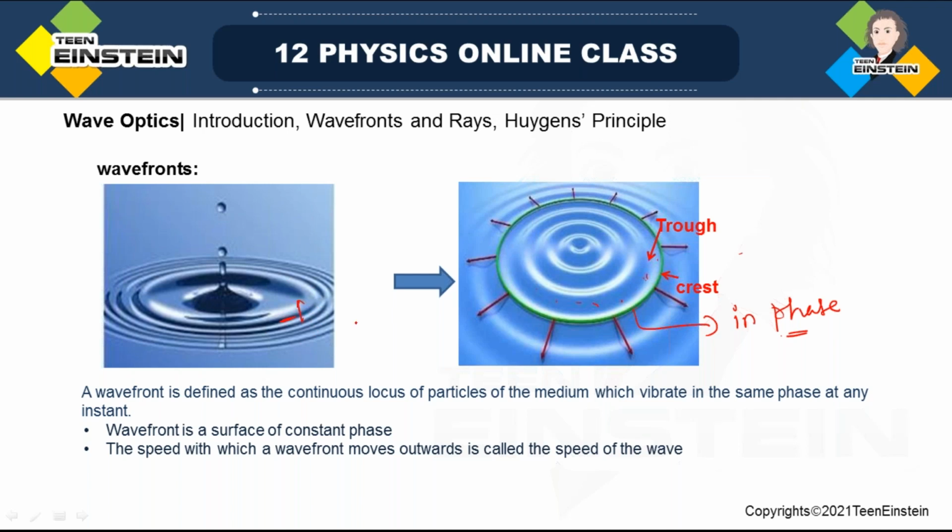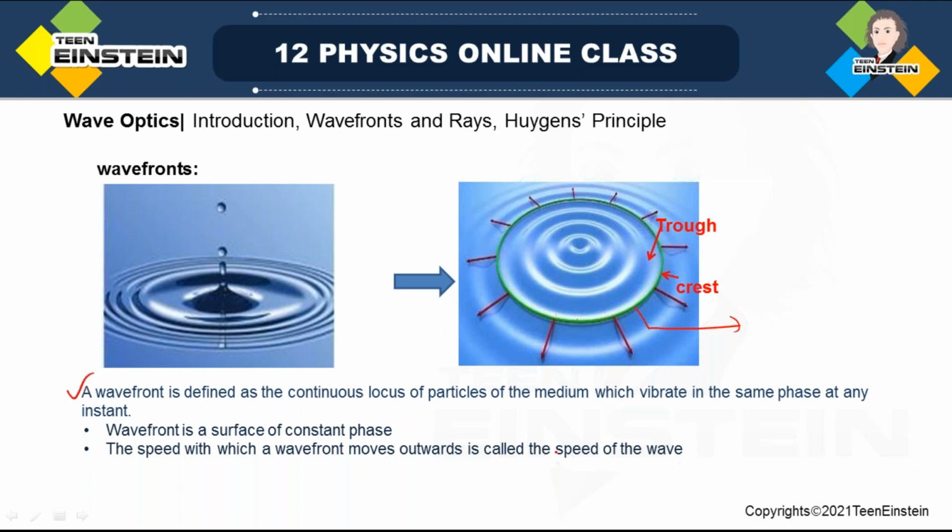So all the particles which are vibrating together are said to be in phase. If I take all such particles and draw a line or a surface, then that line or surface is called the wavefront.